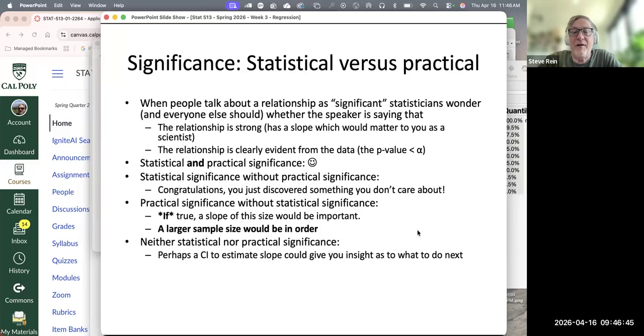Or flip that on its head: practical significance without statistical significance. That's a relationship which, if true, would be important, but you don't even know if it's true. Classic example of that is a small scale agricultural experiment. You're comparing two different varieties of cucumbers. What you want to do is juice cucumbers for, I don't know, some new health trend, and you are going to get more liters of juice per hectare.